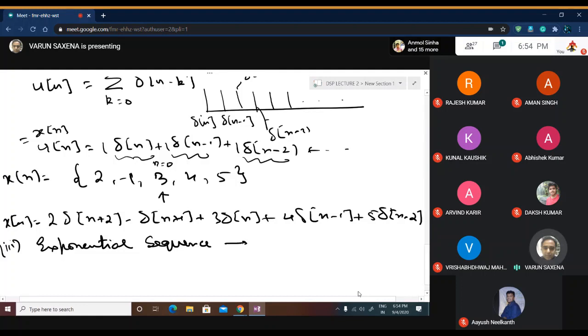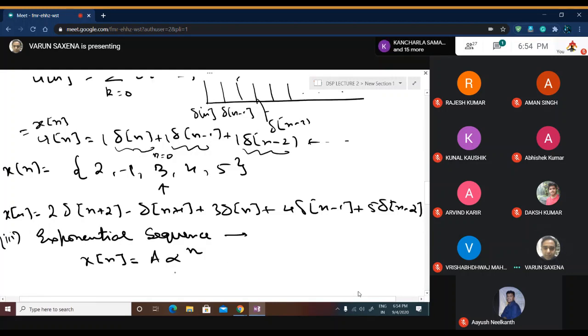And an exponential sequence x n is something like a to the power alpha n, where a can be real or complex, but alpha could also be like that. In the most simple sense, we consider some very simplistic cases.